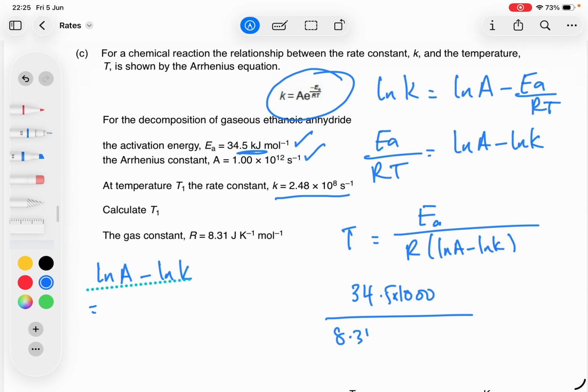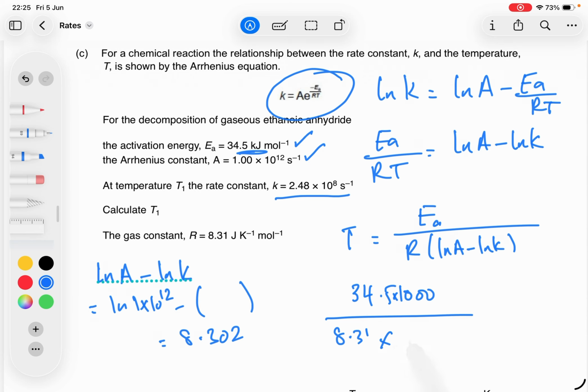So I'm going to do natural log of 1 times 10 to the power of 12, minus, in brackets, natural log of 2.48 times 10 to the power of 8, and that gives me a figure of 8.302.